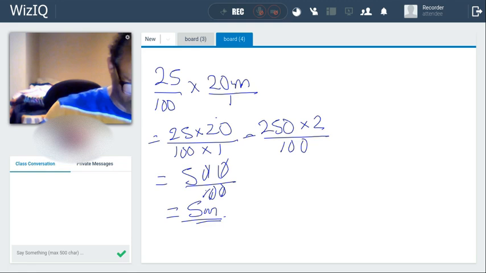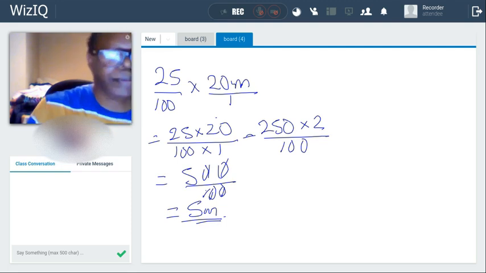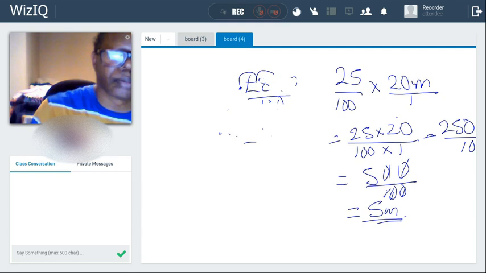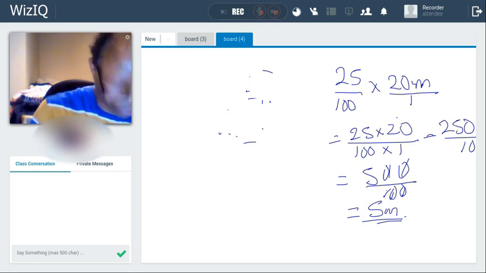Okay, the next one. What is 10% of 1,000? You try to do that one. So 10 over 100 times 1,000 over 1 equals 10 times 1,000 over 100 times 1, which is 10,000 over 100.